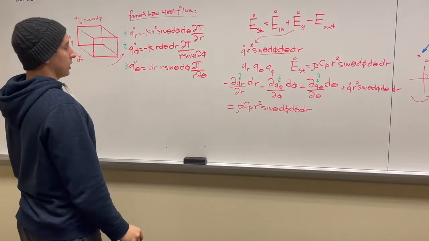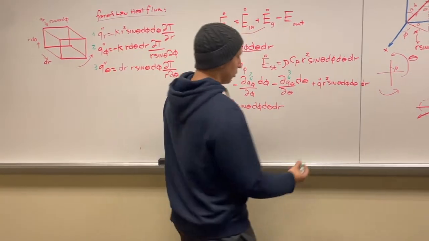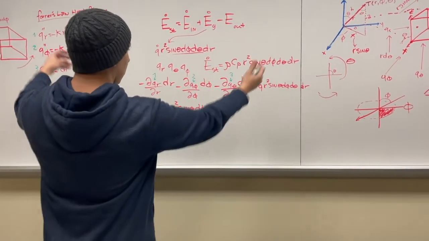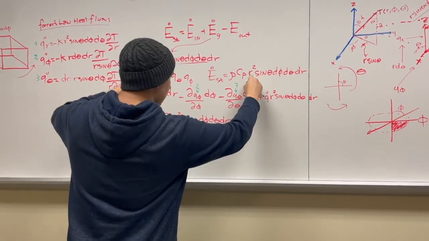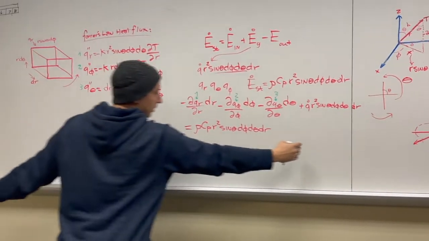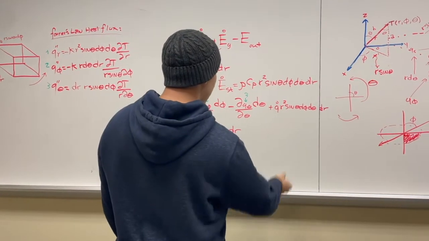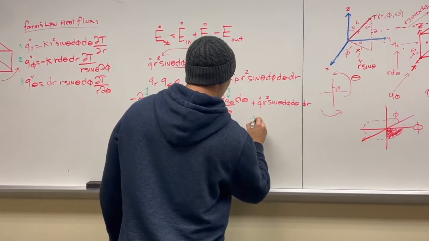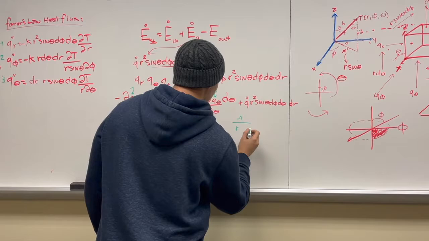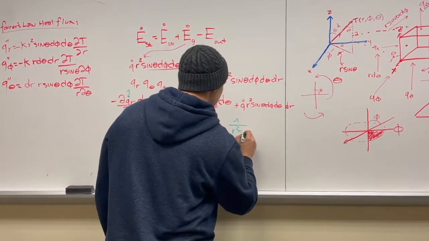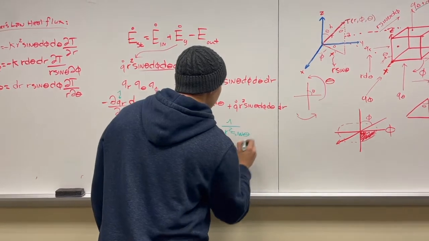So what am I also going to do next? I'm also going to divide or multiply. It's going to be a long equation. Like I'm telling you guys, it's going to be this long, and I'll do that here in a second. But what's going to end up happening is you're going to multiply by 1 over r squared sine of theta.